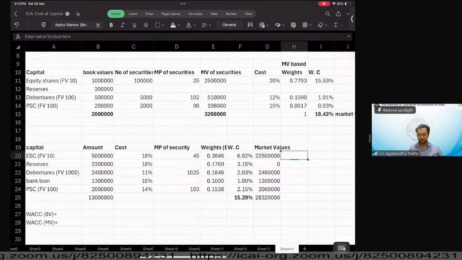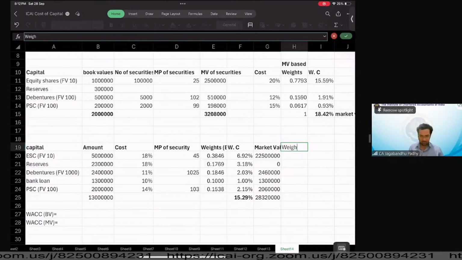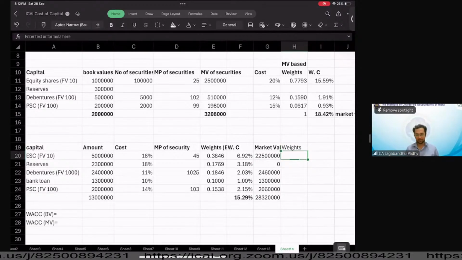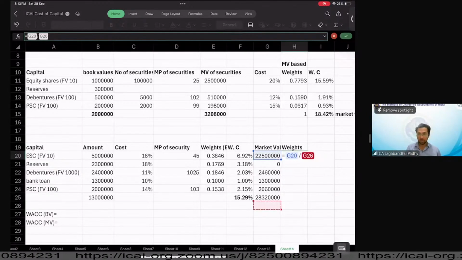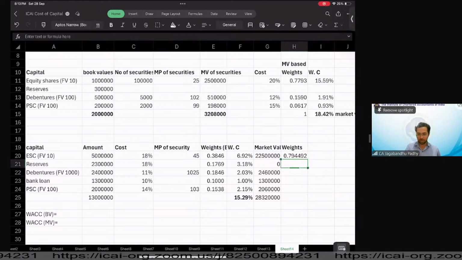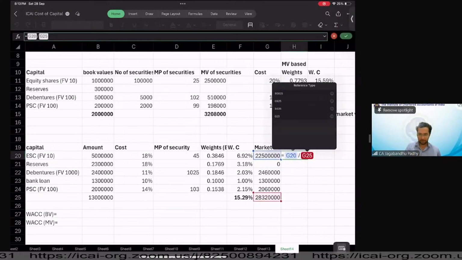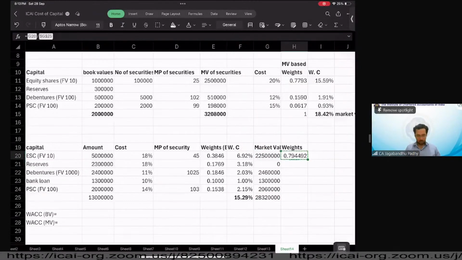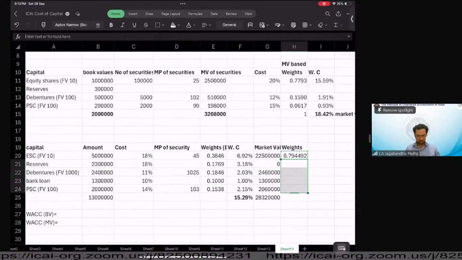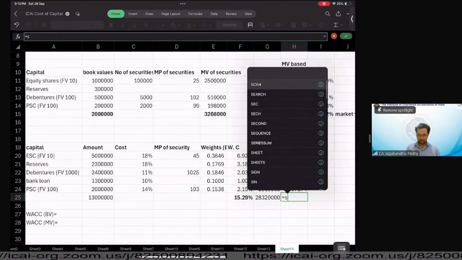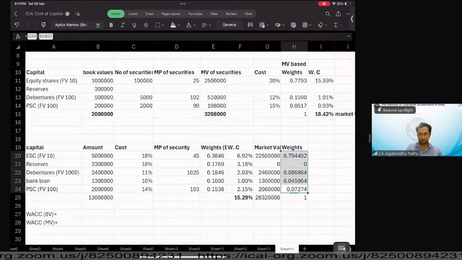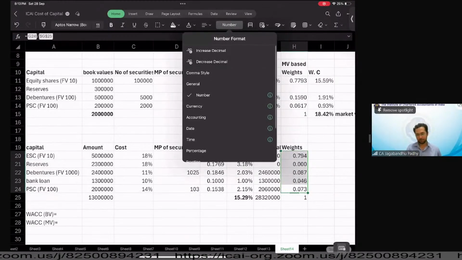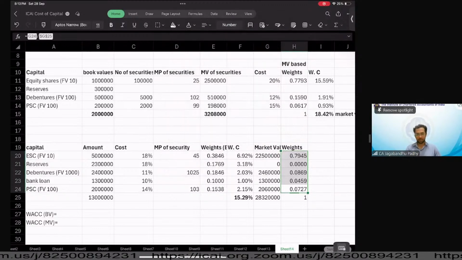Now, based on this, we can get the weights, right? So weights will be simply the market value of the individual security divided by the total market value. Okay. Then we can simply drag it down. Of course, the summation of all weights is going to be 1. Is the weightage correct? Yeah.